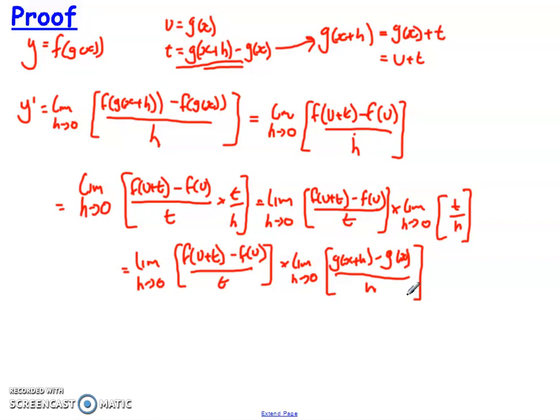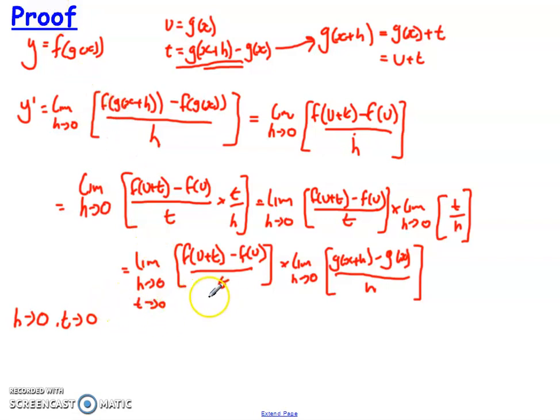Now, one thing you need to look at and note in this case is because of the way these match up, as h tends towards 0, t will tend towards 0 as well. So what I can do is, because of this, I can look at this first one here and say the limit as h tends towards 0 will be the equivalent of the limit as t tends towards 0.